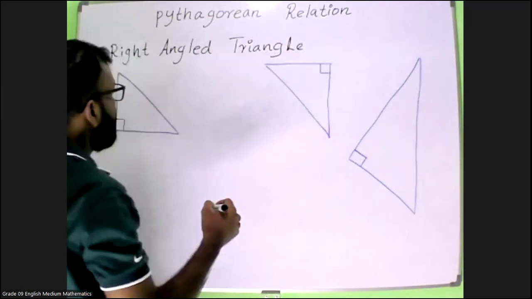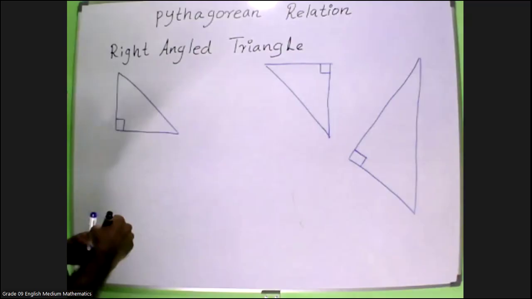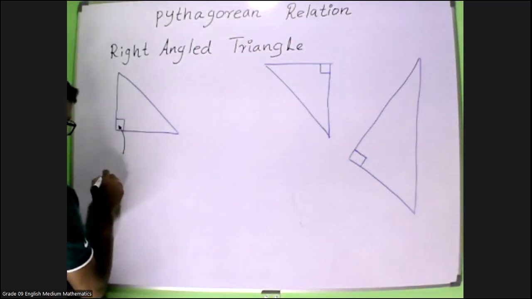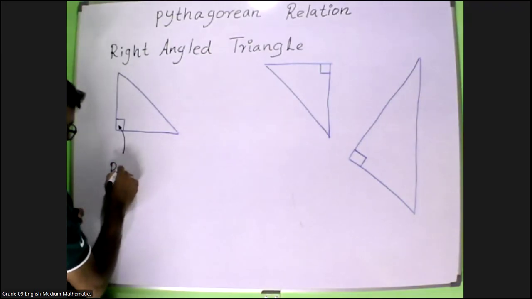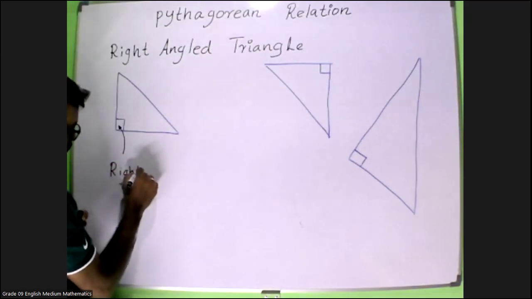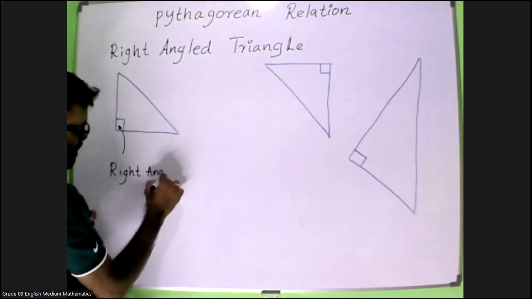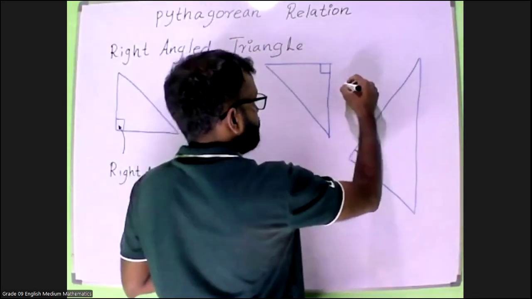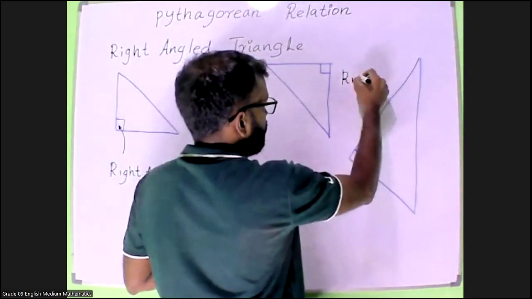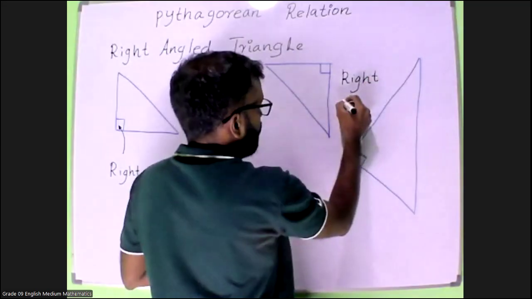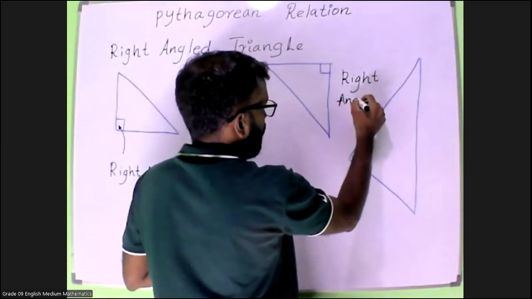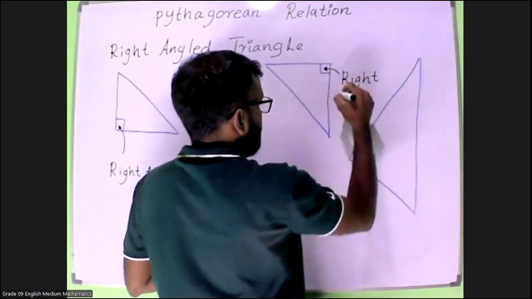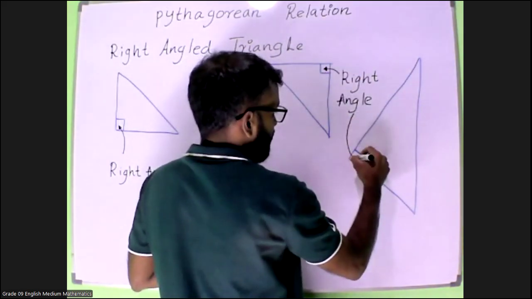Right angle triangle. So we have a right angle here, and also here and here. Here you have a right angle and here you have a right angle.